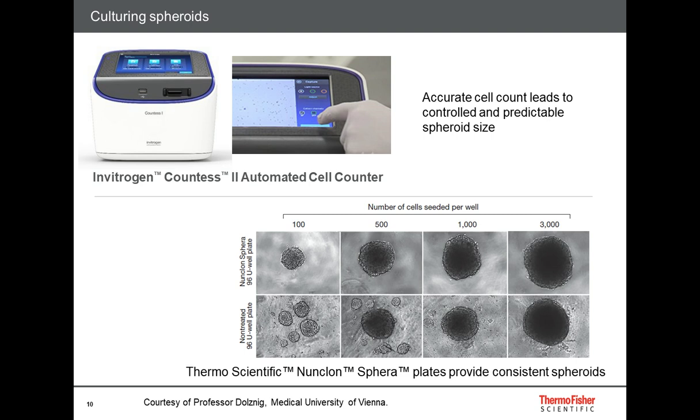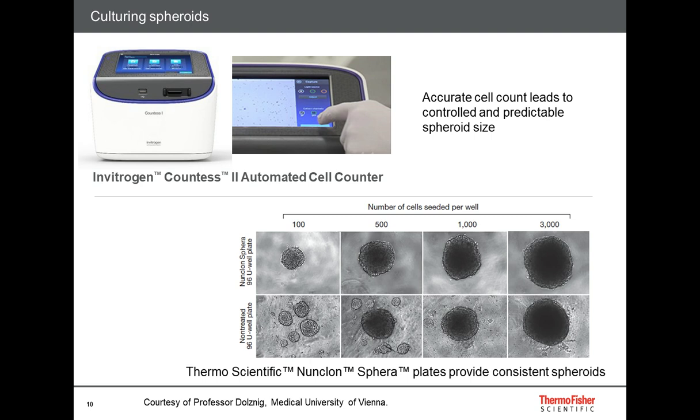to grow spheroids of a consistent and controlled size. Now, when it's time to grow our spheroids, we recommend a plate called the Nucleon Sphera 96-well plate to grow consistent spheroids with a homogeneous spherical shape. And so as we see here on the bottom right, as we increase the number of cells per well, we see a larger spheroid structure as we'd expect.